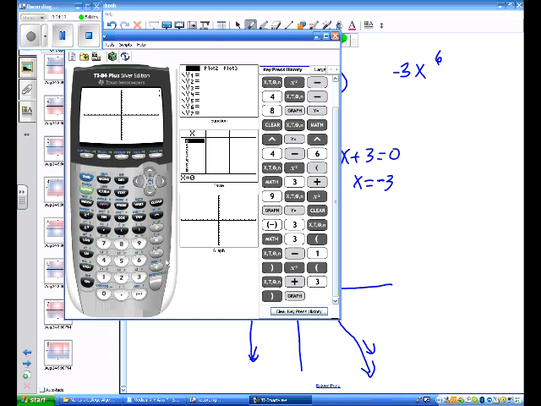And we can graph. Now you can see our graph goes up real high. It's off our screen, and that's okay. We don't really know, and we're not worried right now at this point how high it goes. And then it comes back down.